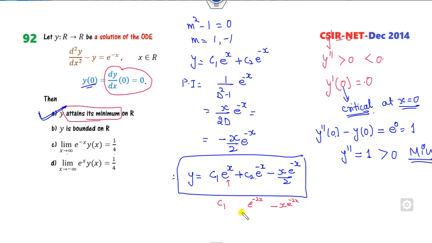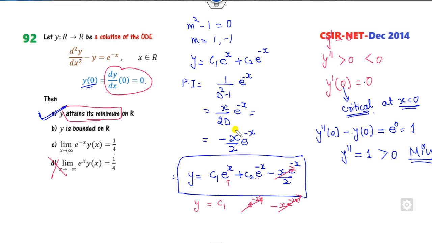When x approaches infinity, these go to 0. That is only the c1. We will see what c1 is. When you take e raised to power x, it will be e raised to power 2x times c2, plus x terms. But when x approaches infinity, this value goes to infinity. So that answer is cancelled out.